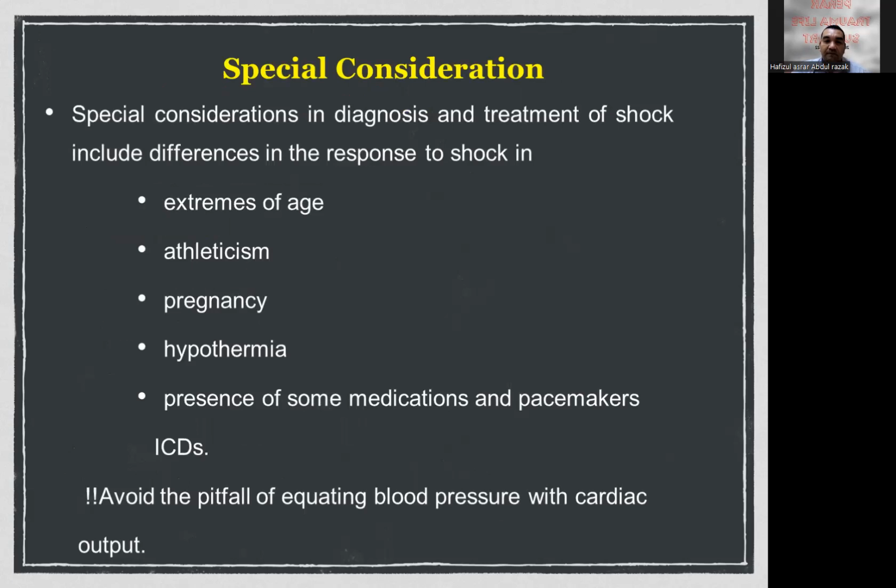Special considerations. Okay. Special considerations in diagnosis and treatment of shock include differences in the response to shock in extreme ages. So if you are elderly, the sensitivity of the baroreceptors at the carotid artery and also the aorta is reduced. Okay. So it might affect your heart rate. If you're an athlete, sometimes the baseline heart rate is lower compared to a normal sedentary lifestyle.